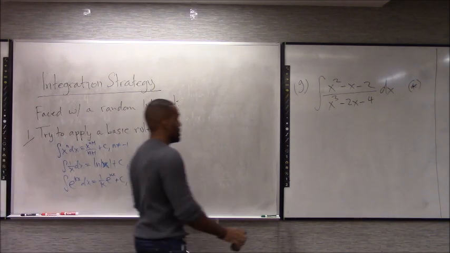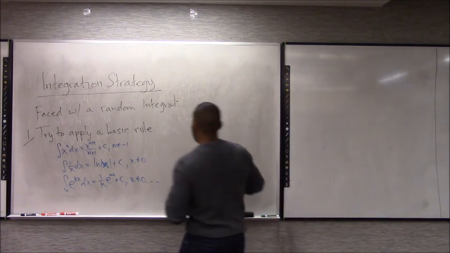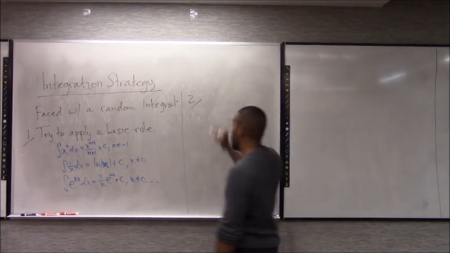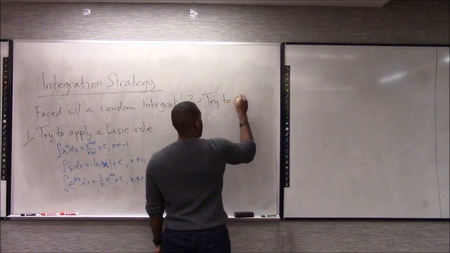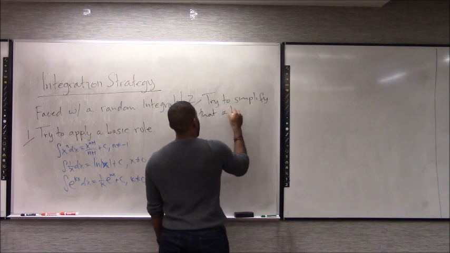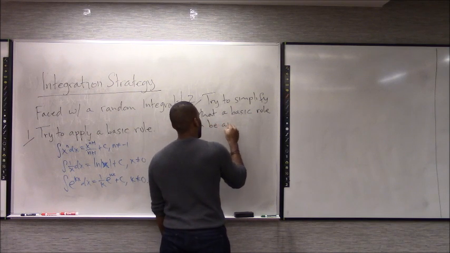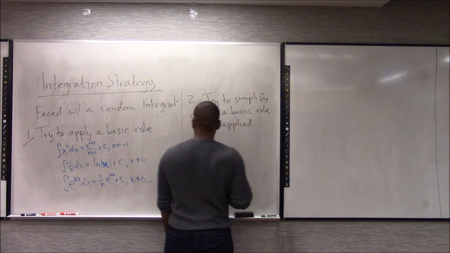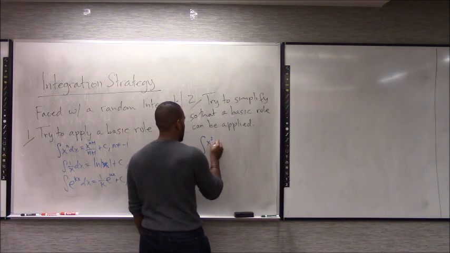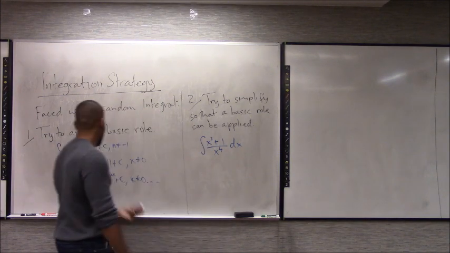Of course, integrals are more complicated than that in general. So the second thing you're going to want to think about, if a basic rule doesn't obviously apply, is to try to simplify it so that a basic rule can be applied. Every now and then you might see something like, just a silly random example here, that doesn't look like a basic rule.